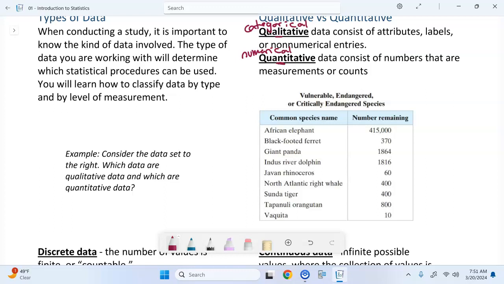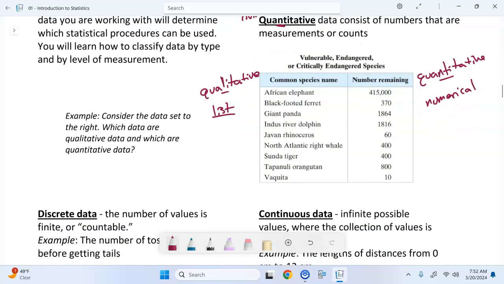Yep, these are all of our qualitative because we have a list of things, and these are our quantitative because they are numerical counts. Qualitative lists and quantitative numerical counts.